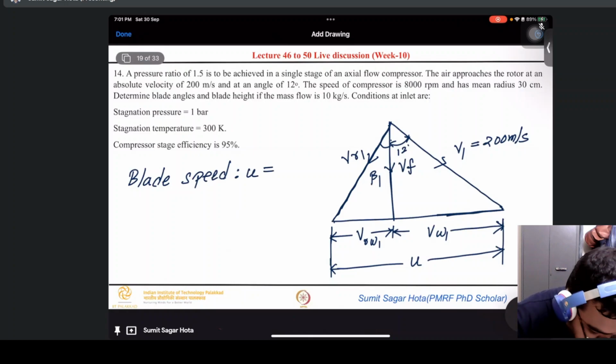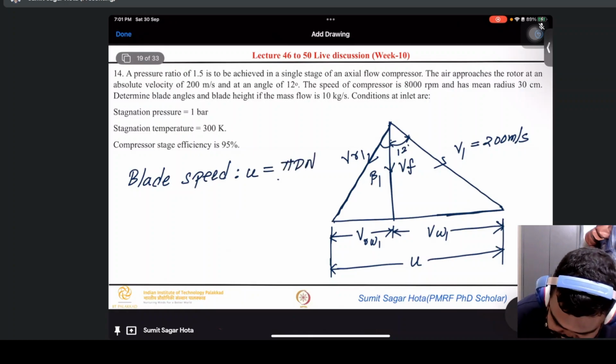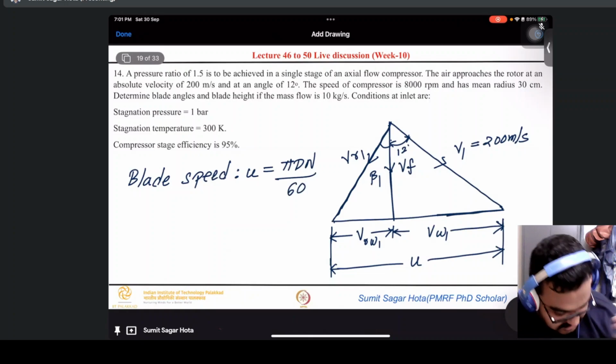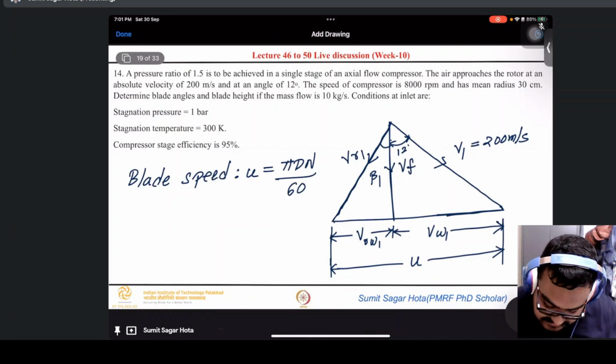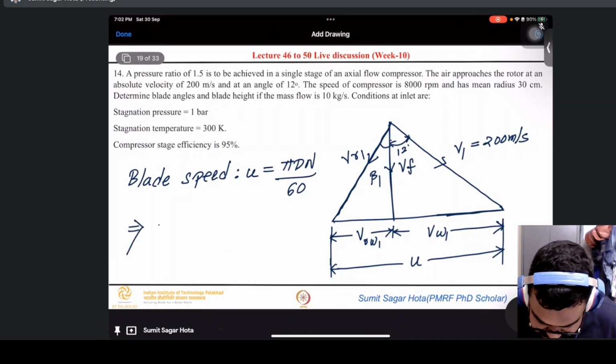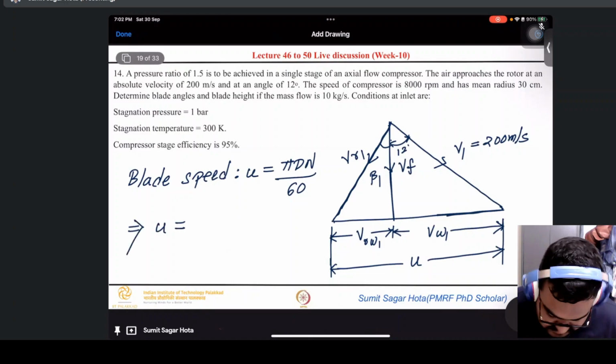U is pi D N by 60. What is the diameter given?